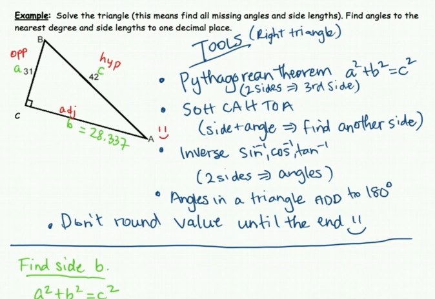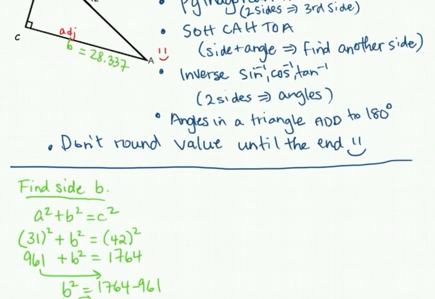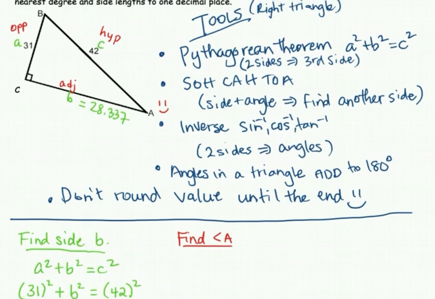Okay, so lots of different ways to solve this, but I'm going to say stand at A first. Okay, so that means I'm going to find angle A down here. So I'm finding angle A. Okay, so for me to go about doing that, I want to use those two sides that are the exact values.